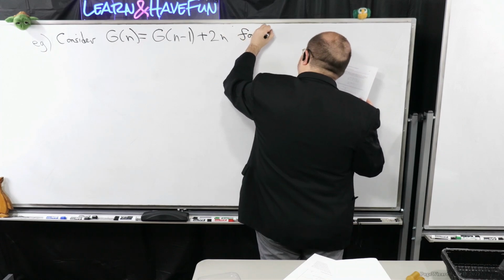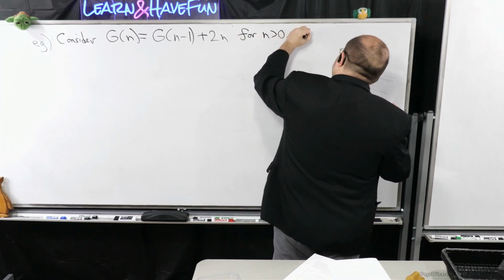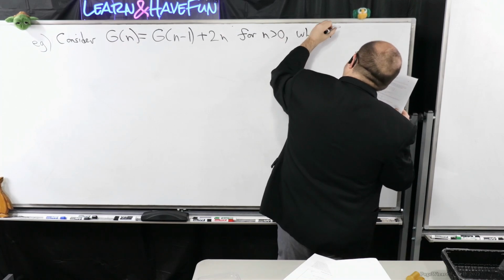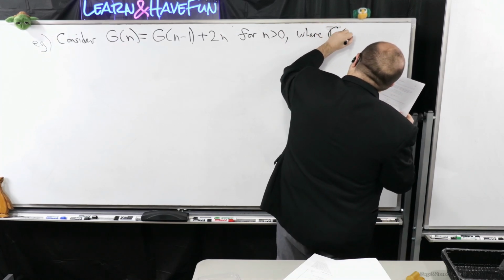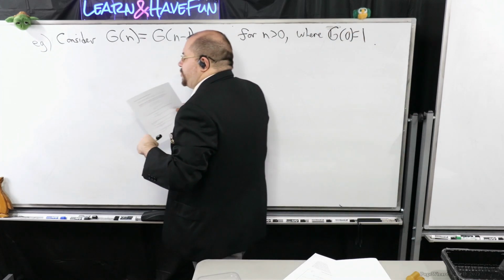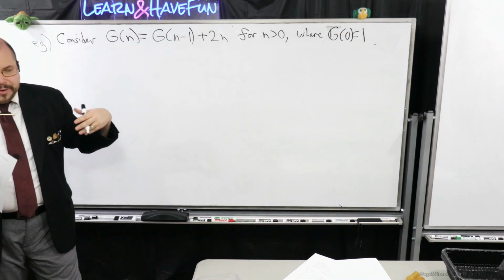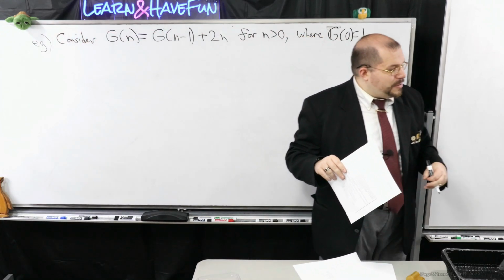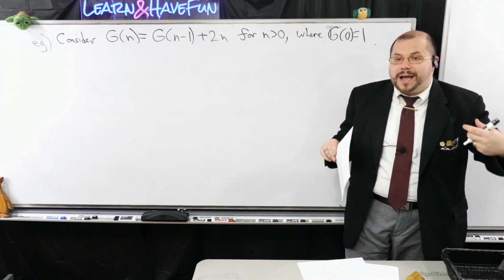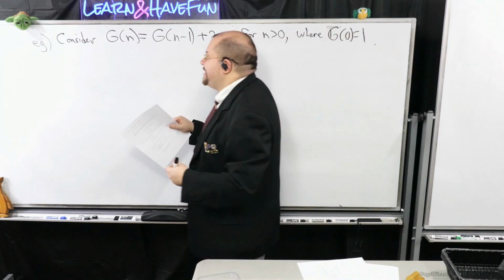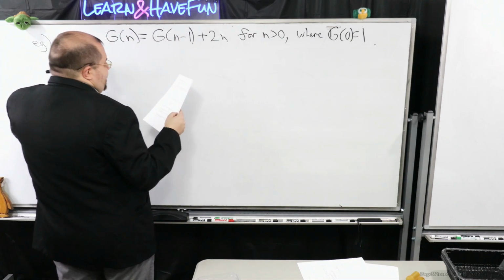This is for n greater than 0, where g of 0 is equal to 1. We're going to go through the same process, I just really want to illustrate this idea of collecting up the non-recursive work, the garbage, into a bucket, okay?